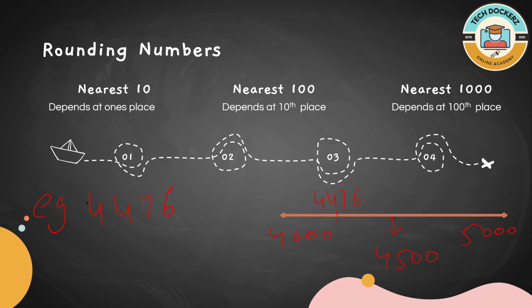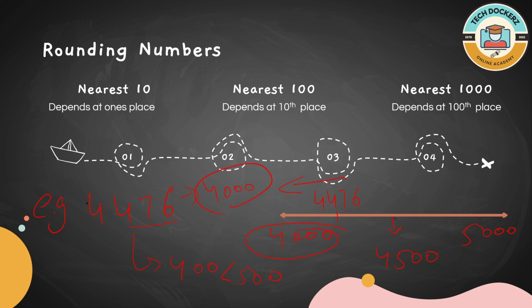So it will fall here somewhere. All right. So what is the value at the hundreds place? It is 400, which is less than 500. So if the value is less than 500, the number will round to the nearest 1000, which is 4,000. So 4,476 will round to 4,000.